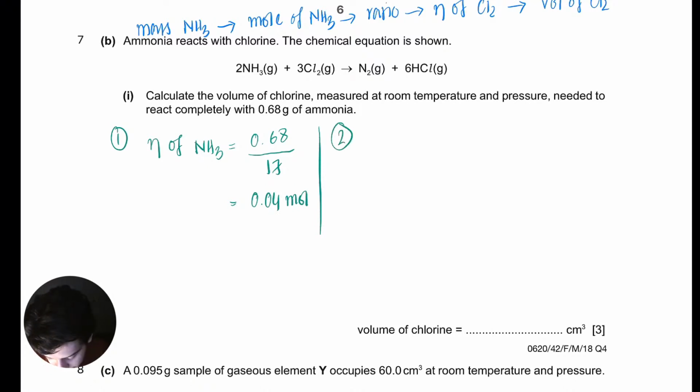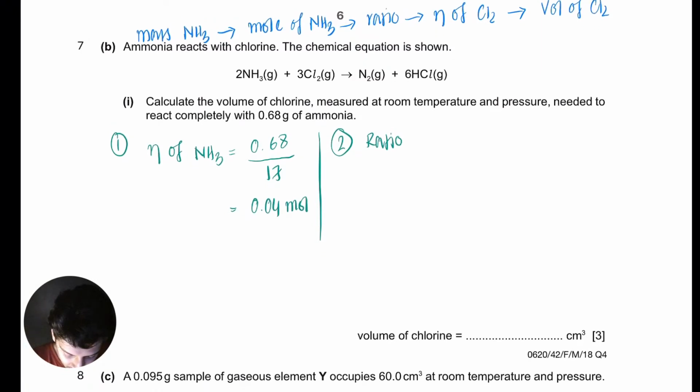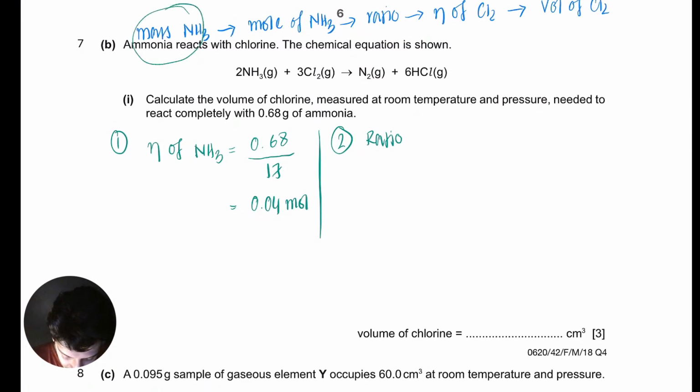Step 2 is ratio. Mass was given to me, I found this out, and now I'm over here. Ratio is between my known and my unknown. Ammonia and chlorine. Ammonia is 2, chlorine is 3. If this is 0.04, how much is this going to be?